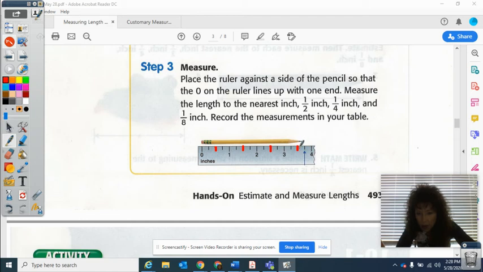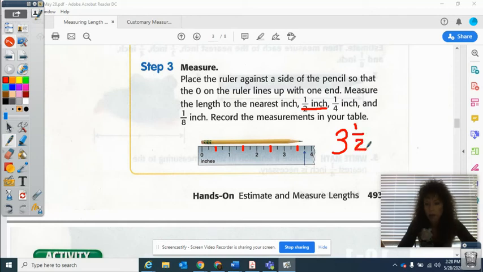I would say it's closer to 3 and 1/2 inches, just barely. So I'm going to write to the closest 1/2 inch, and it's pretty close to both, but I'm going to say 3 and 1/2. Okay.